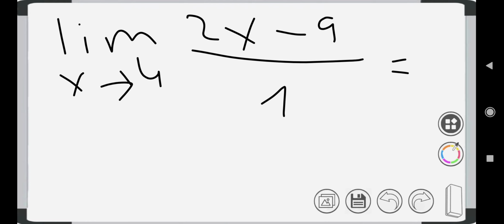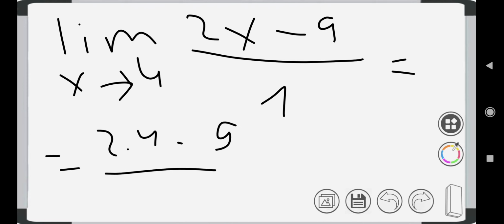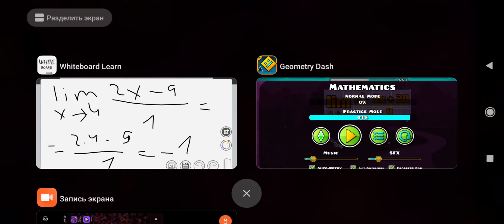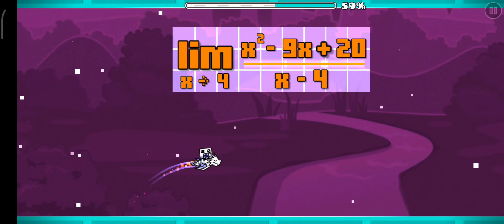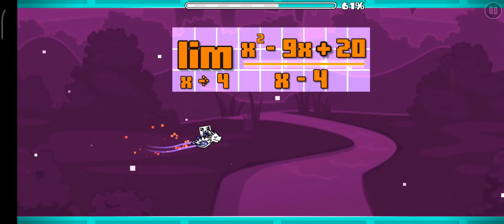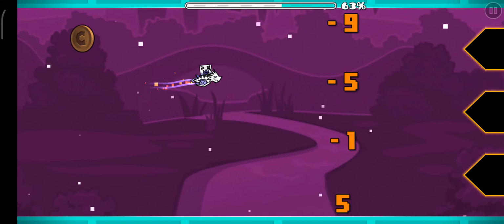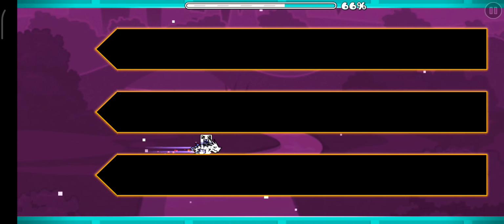And we just plug in our 4, and we get 8 minus 9, which is minus 1, divided by 1, so it is just minus 1. Here is our minus 1.